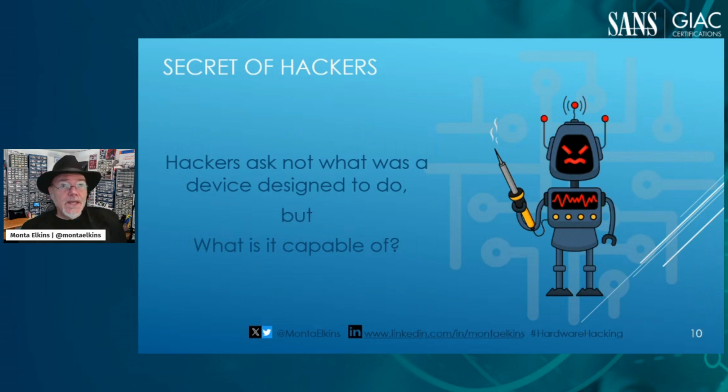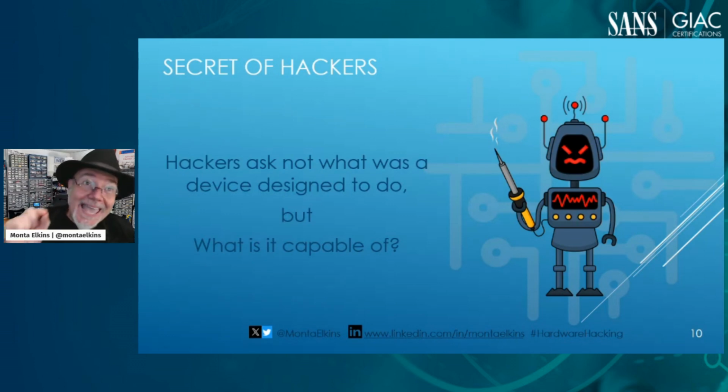So now you have to think, what might an attacker do if they were thoughtful, creative? That's something that we have to be a little creative to consider. When I look at this equipment, the secret is not to ask, what was this equipment designed for? Well, it's designed to help save lives.